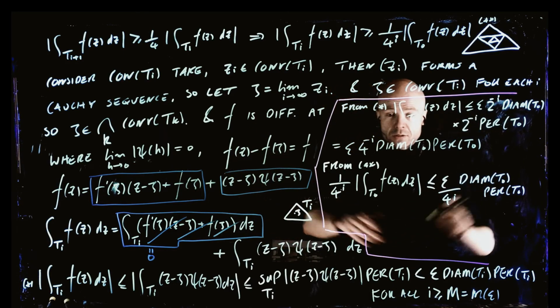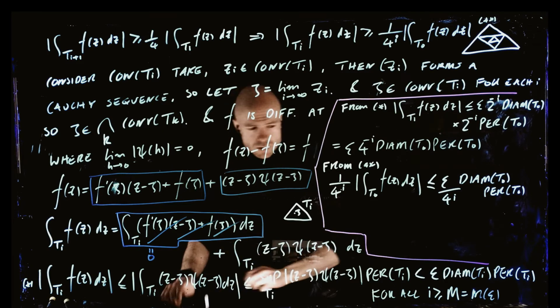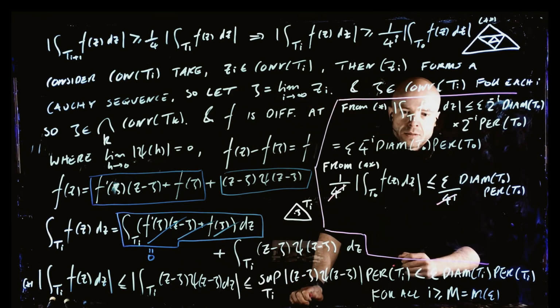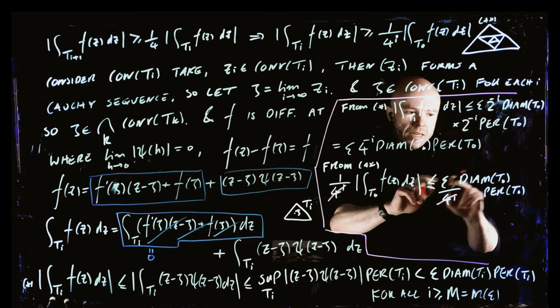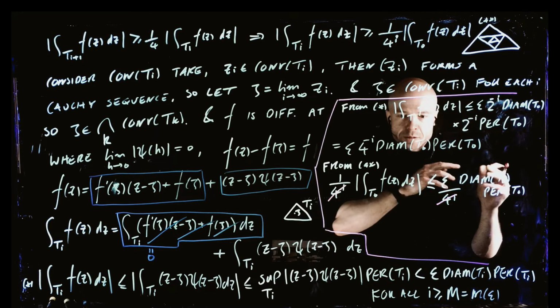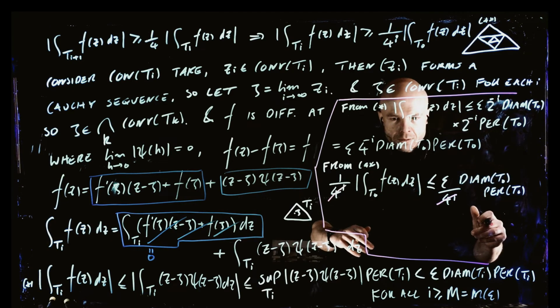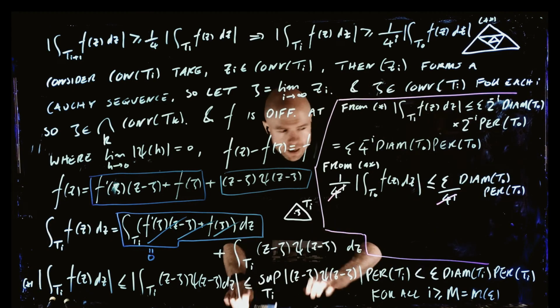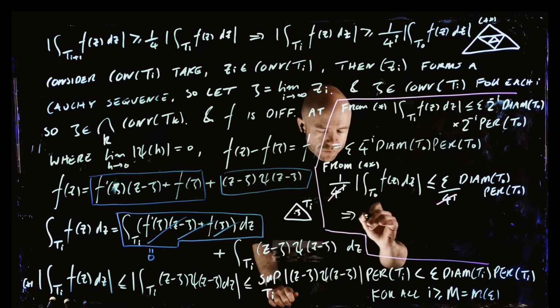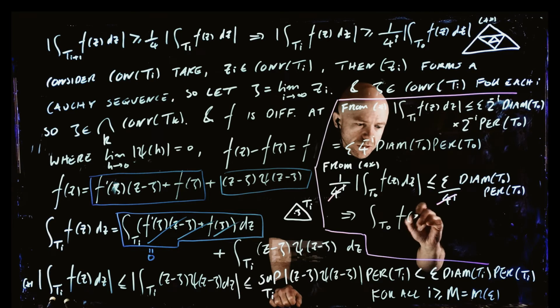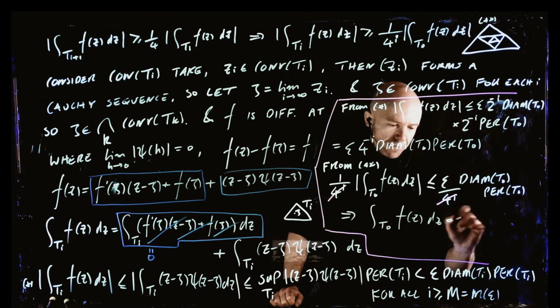Now these 1 over 4 to the i's cancel, and we have that this thing is less than epsilon times these fixed numbers, and epsilon is any number that we like. Now this is independent of i, which implies that the integral over T0 of f of z dz is equal to 0.